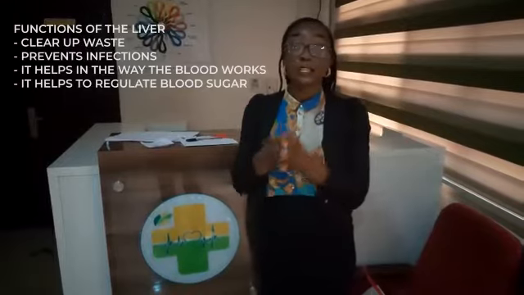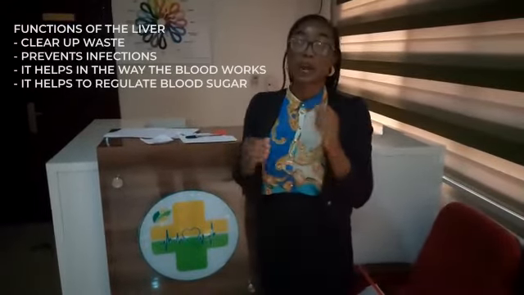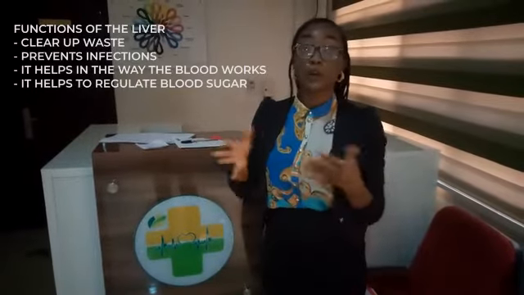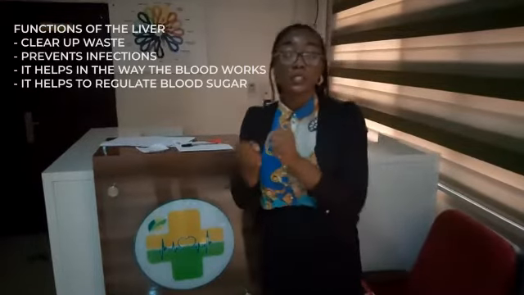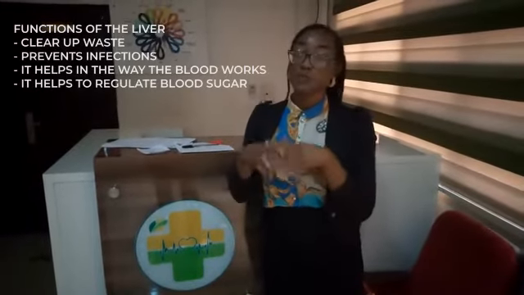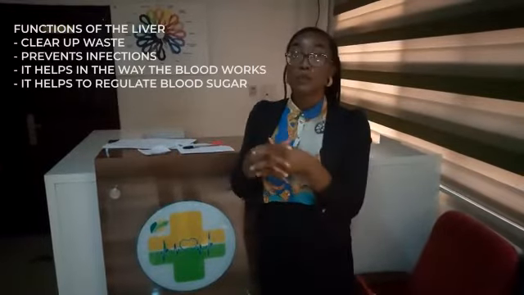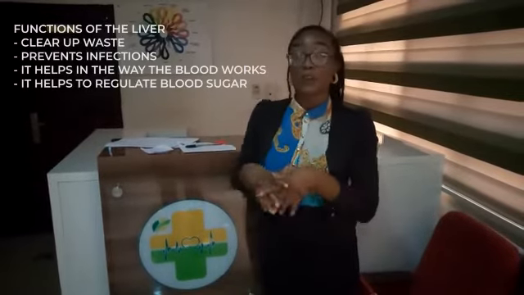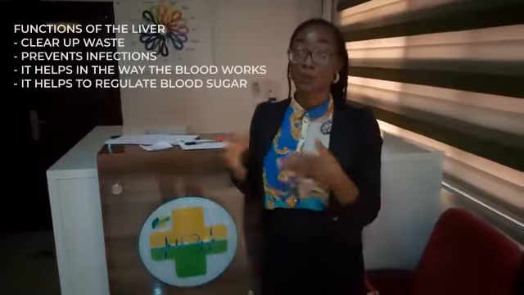It also plays a role in preventing infections by producing substances that help you fight these infections. It also helps with how your blood works, how it clots and how it flows, so that you just don't start bleeding anyhow. It also helps with storing or managing your sugar. When you have too much or too little, it has a way of regulating it, so you know that your liver is very important.